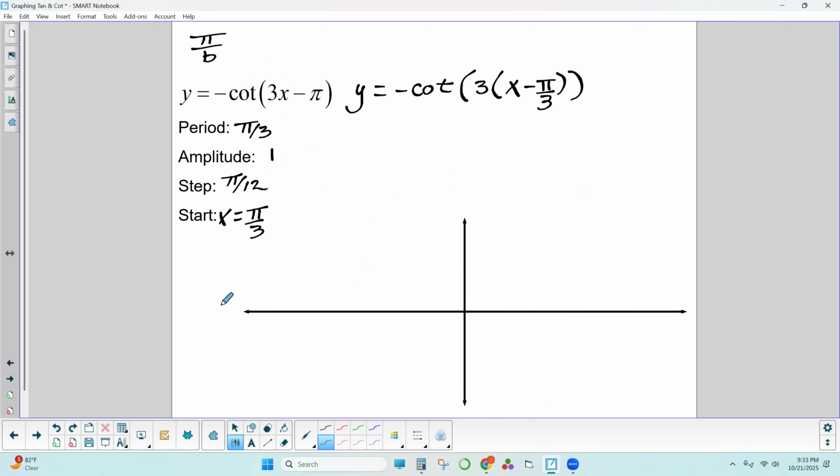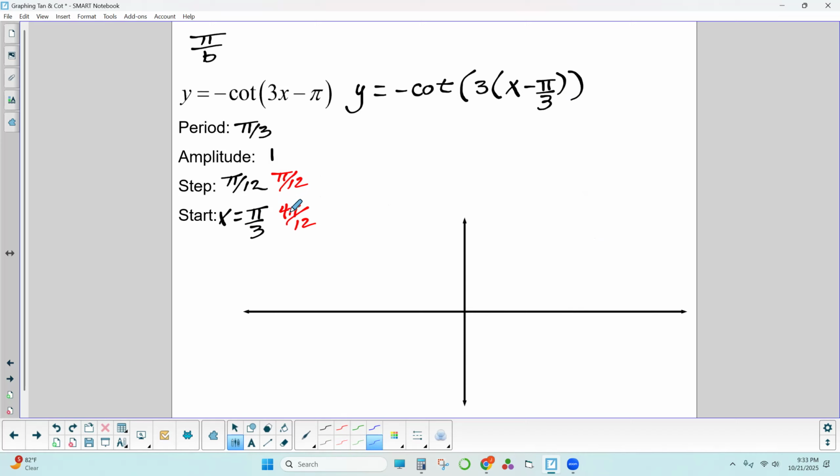Now we want to get a common denominator with our step and our start. So it looks like we're going to do 12ths. So I'm just going to write pi over 12 is my step. And for my start, I'm just going to write a third as a 12th, which would be 4 pi over 12. Okay? Now I'm going to label my x-axis.